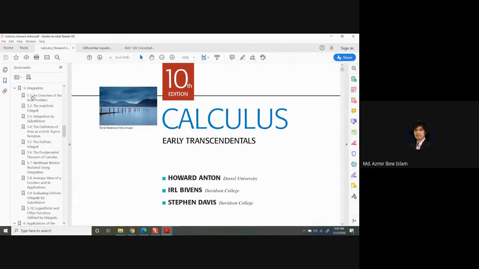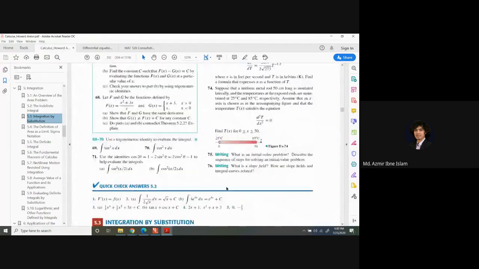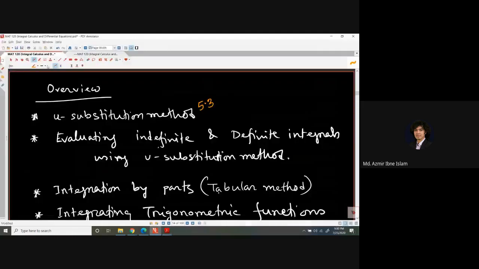Chapter 5, section 5.3 is dealing with integration by substitution, or U-Substitution method. We can also think of it as Z-Substitution or V-Substitution method. The variable doesn't matter, the main thing is what the substitution method is. You will get this concept in section 5.3 of Howard Anton's book.